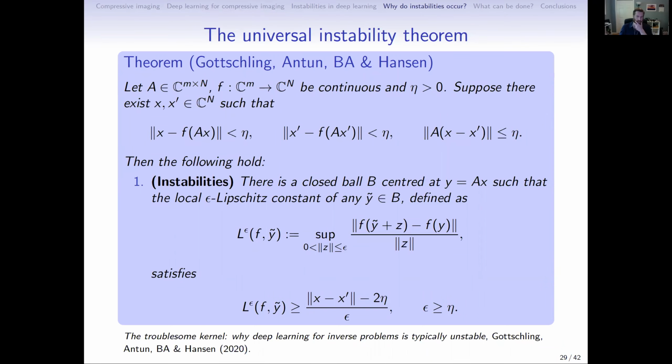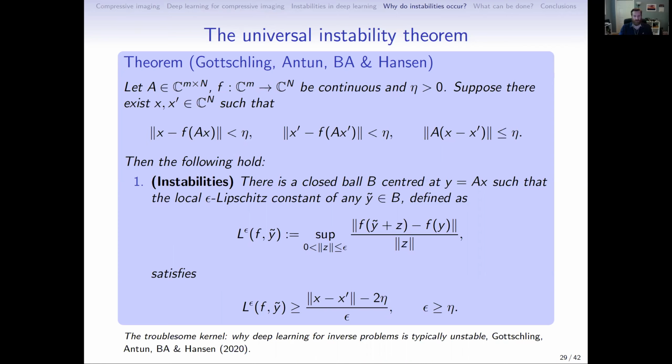Then necessarily you have a large Lipschitz constant. So there's a closed ball centered at the measurements y equals Ax, such that the Lipschitz constant for any point in this ball is bounded below by the norm of x minus x primed minus 2 eta, divided by epsilon. And this is for any epsilon greater than or equal to eta.